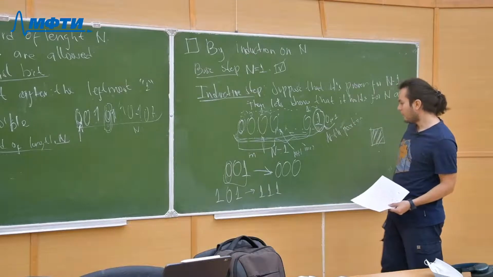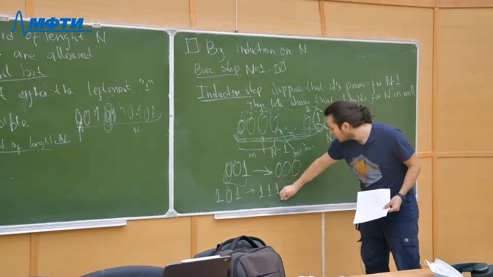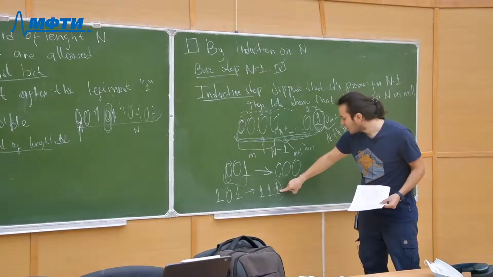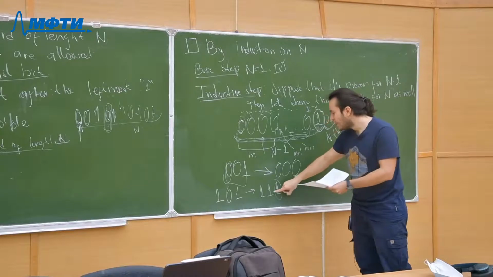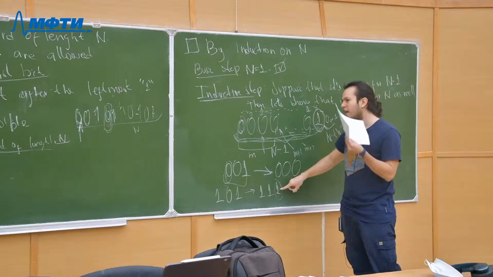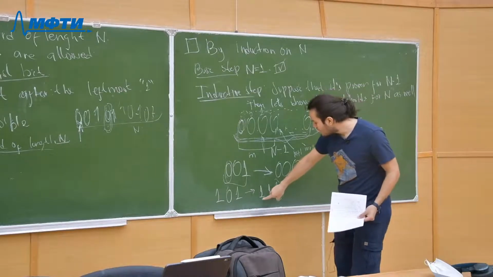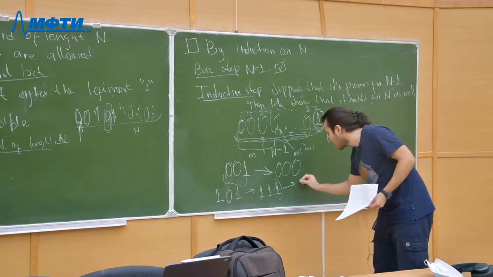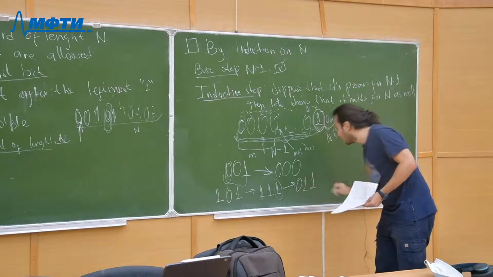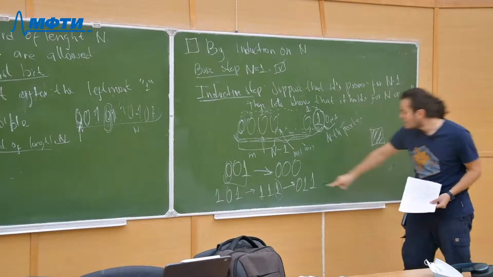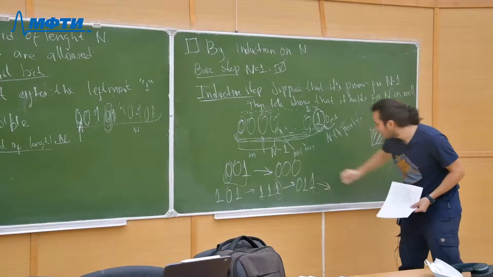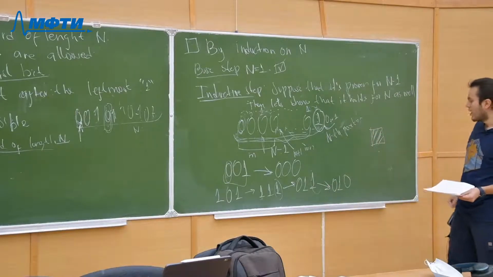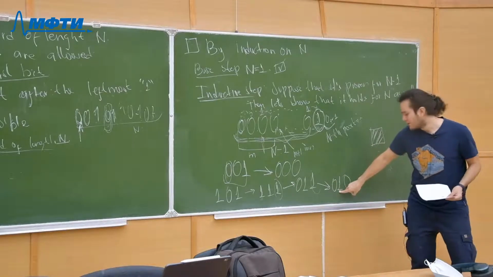Okay, and then I need to change this 1 here into 0. Then I need it to be next to the leftmost 1, so I need this to be 0. Then I can change the first one, so it's 0, 1, 1, right? And now I can change this bit here, and it is going to be 0, 1, 0, right? And now I need to change this 1 into 0 again.